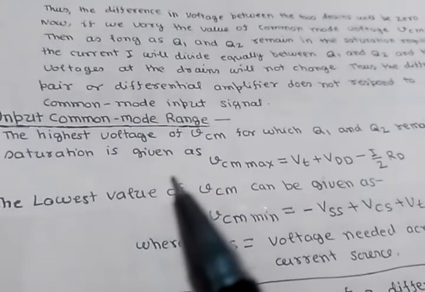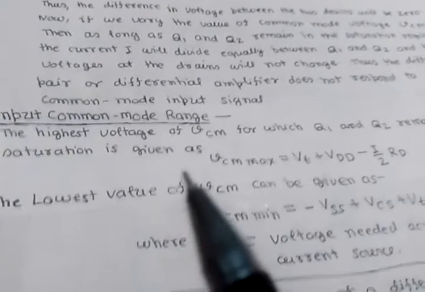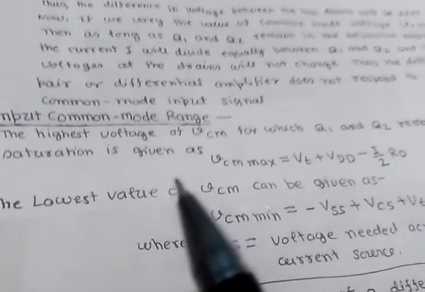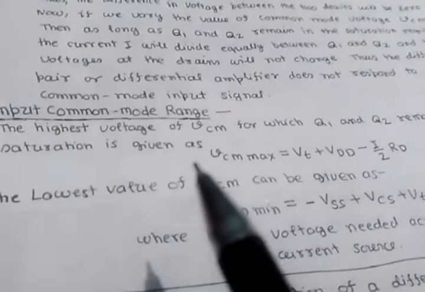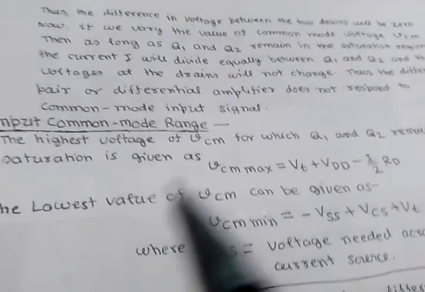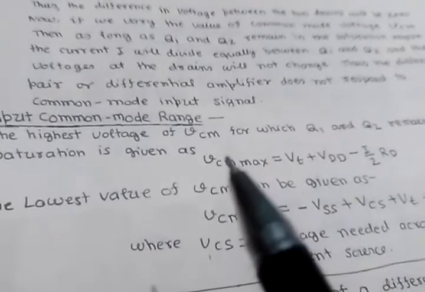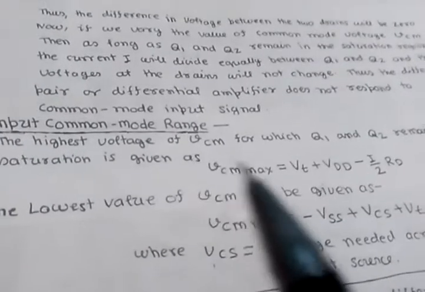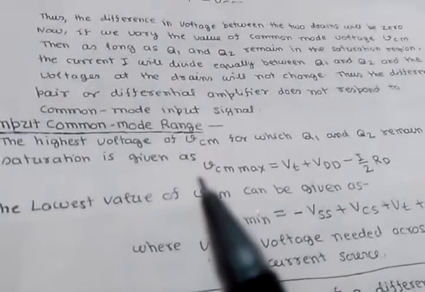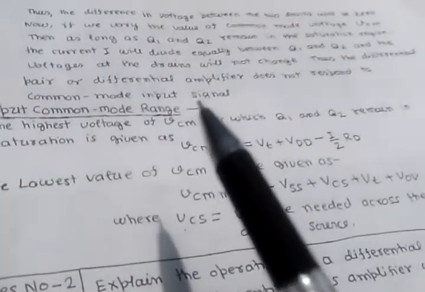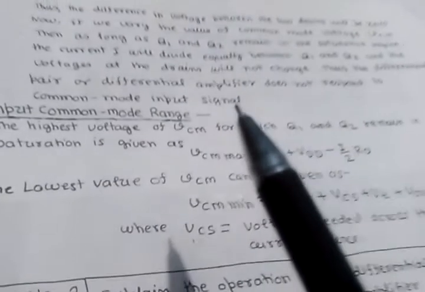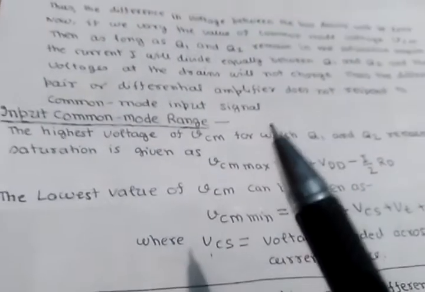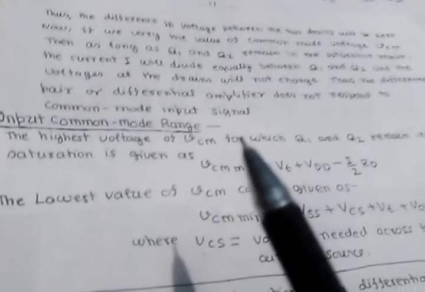When drain current will be same, then drain voltage will be same, and there will be no output. Means in the range of common mode signal, for which the transistor Q1 and Q2 will work in saturation region, the drain current of both the transistor will be same, so drain voltage will be same, so there will be no output for the common mode signal.